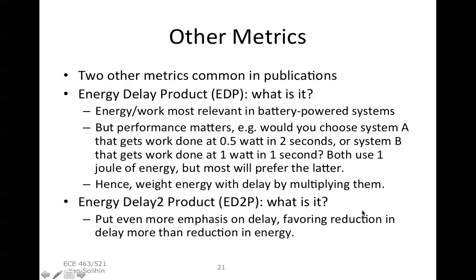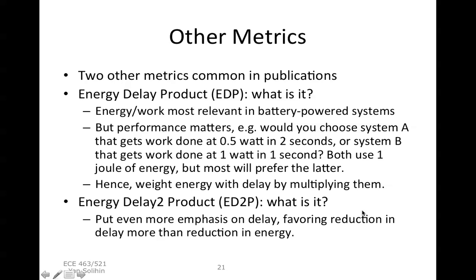Well, essentially it comes from the same rationale as the energy delay product, but it increases the weight given for delay, right? So it emphasizes on reduction of delay more than in the reduction of energy, right?